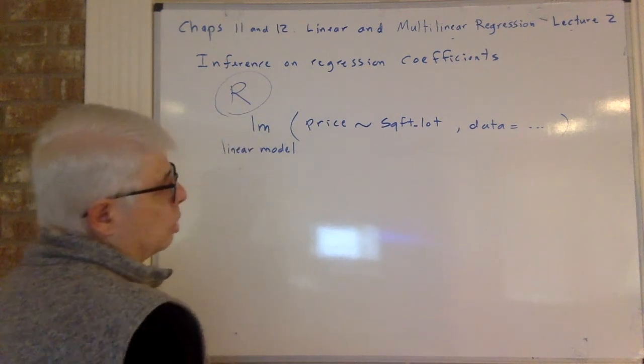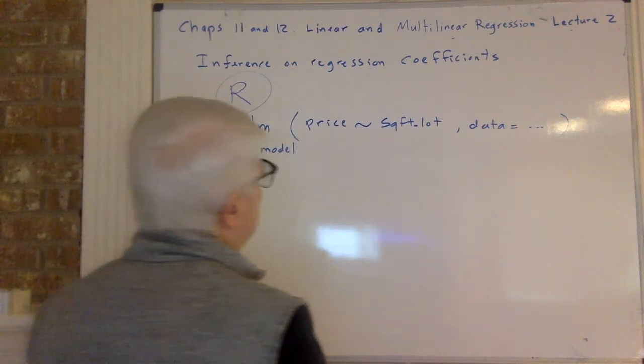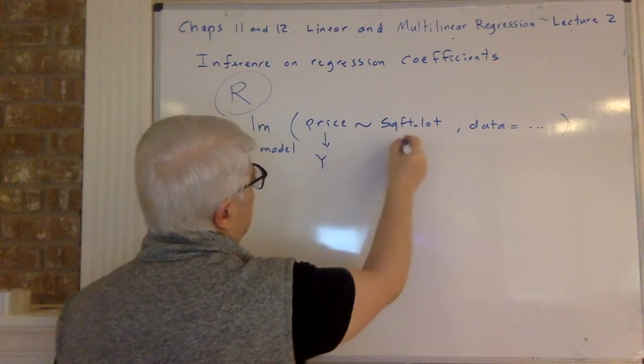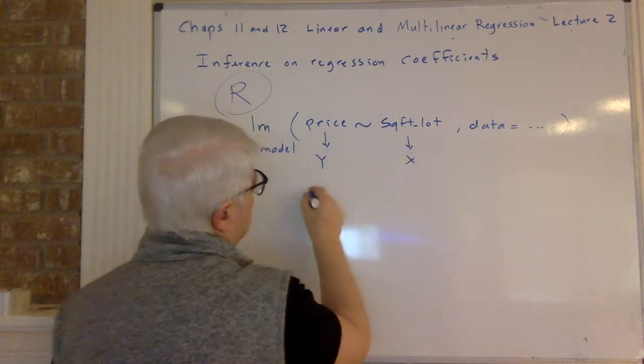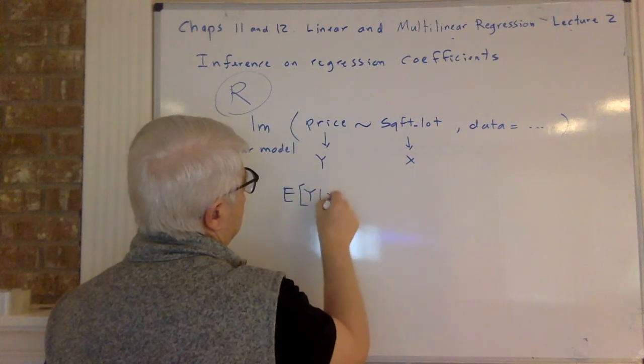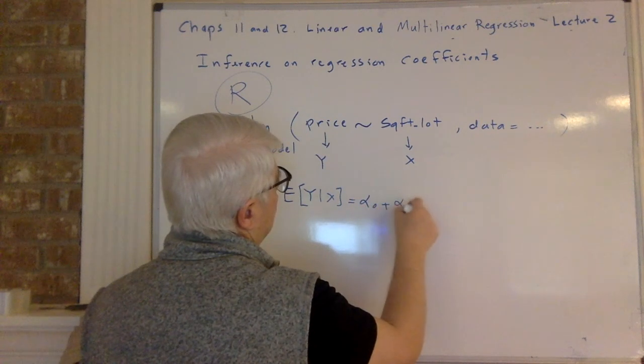It's in R Markdown format, so you can see how this works. This means that the price is like the Y here, and this is like the X. So E of Y given X is some alpha 0 plus alpha 1 X.